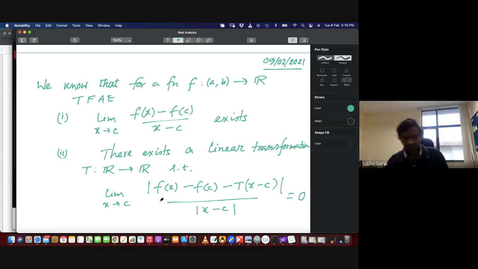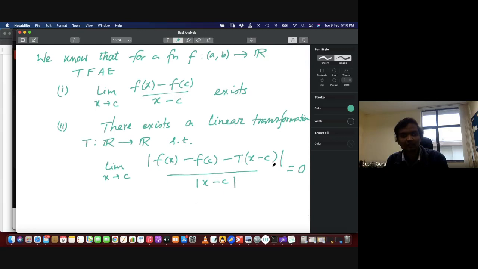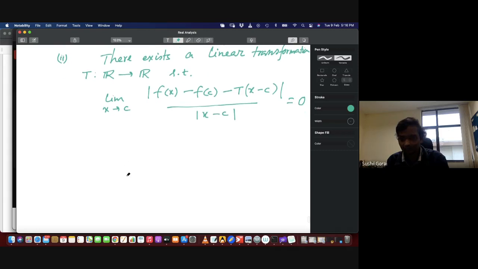All right, we have seen this. The whole calculation we have seen. So this T can be interpreted as a real number, and then you can see these two are equivalent.